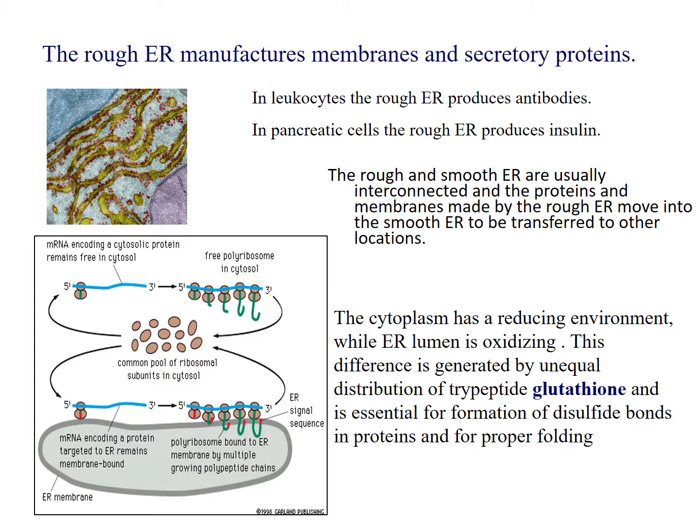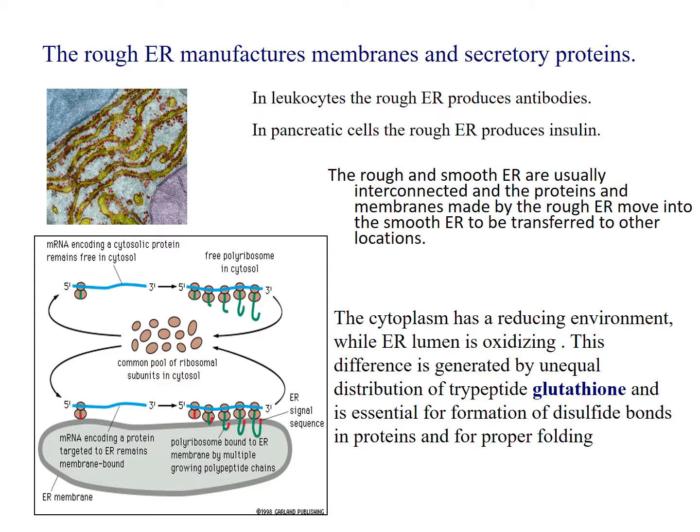Then the protein can be released and go to mitochondria, chloroplast, peroxisomes, nucleus. However, there is another pool of ribosomes that attach to the ER surface, and notice the structure of the protein. There's a red structure, and that is called the signal sequence.